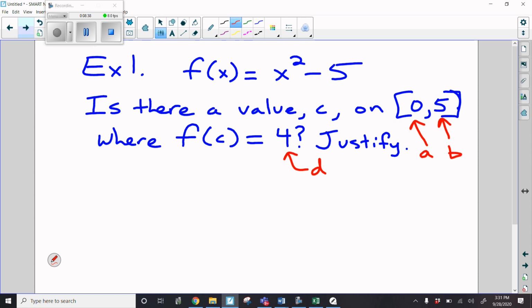Okay, so the first thing I always want you to think about when you're justifying this is: is our function continuous? We'll take a look. f of x equals x squared minus 5. Polynomials are 100% of the time continuous, but we need to state that so the grader knows that we know that. So we'll say this.